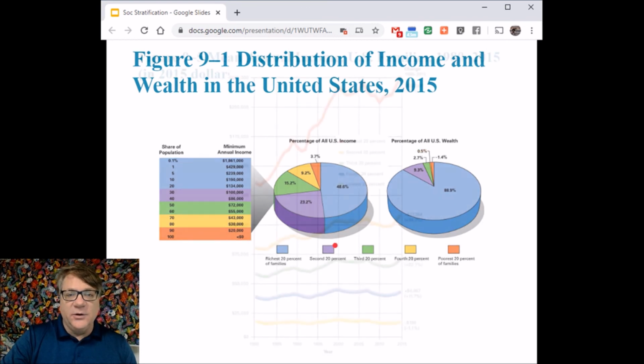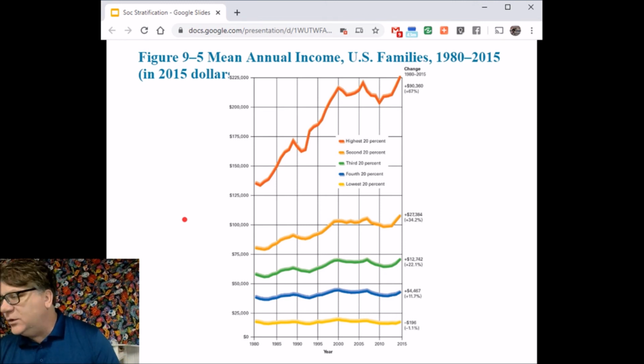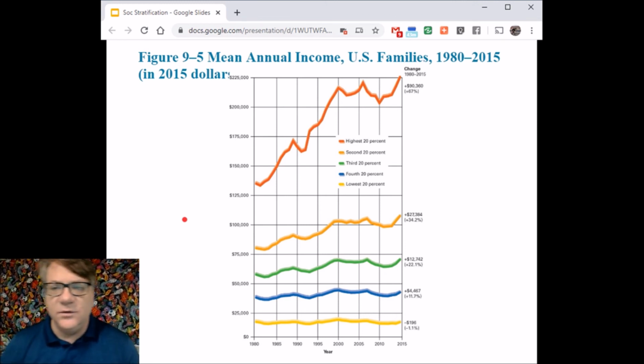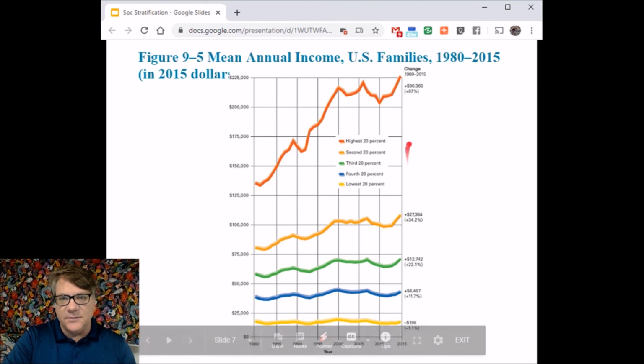Something I want to conclude on here is this chart. This is pretty remarkable. This is going to be found on page 269, so I'll give you a chance to turn to page 269. What I was just showing you, that last pie chart, was based upon data from 2015.